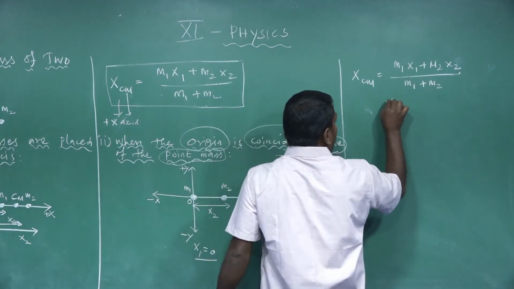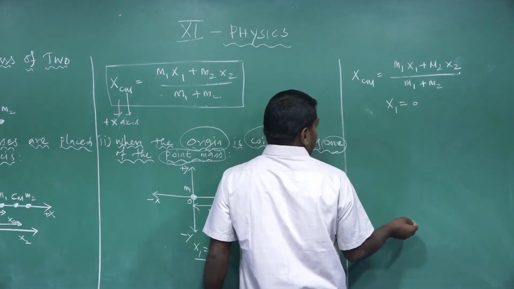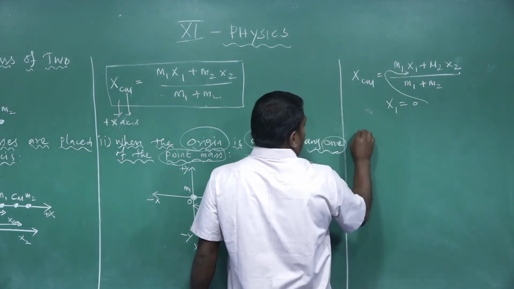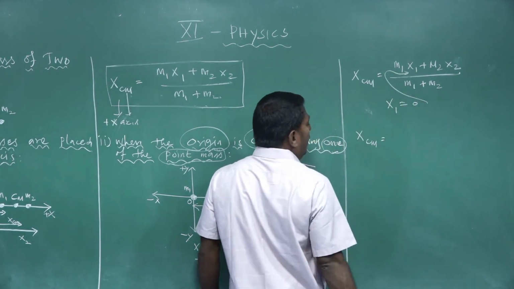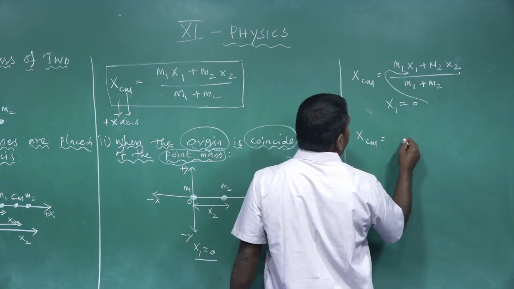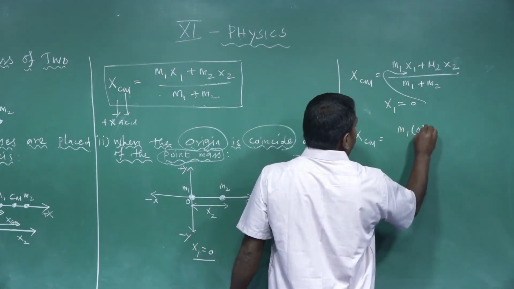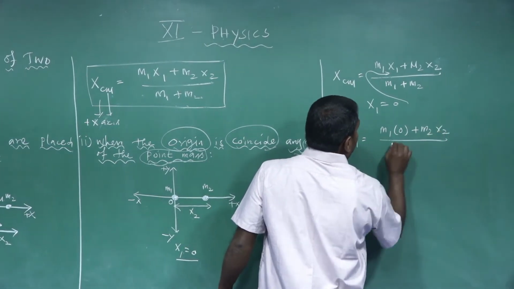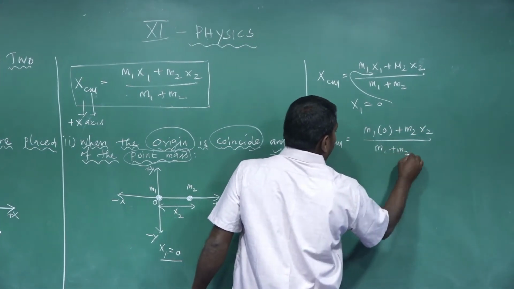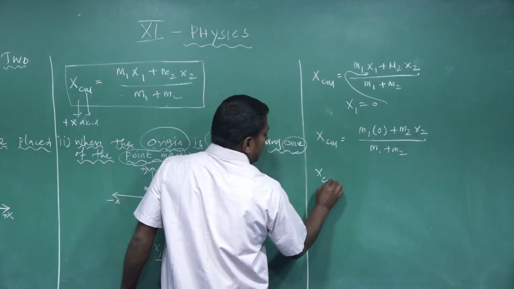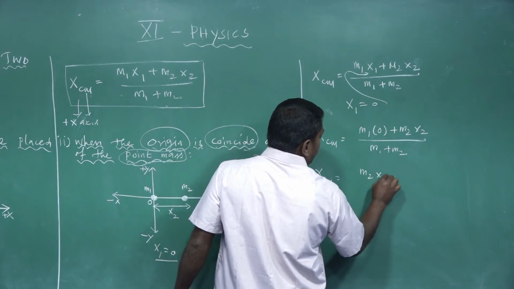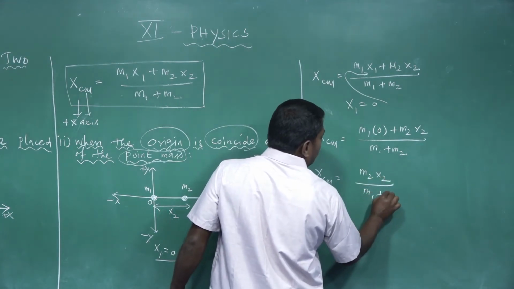Here x1 is equal to 0. Substitute within this equation: X_CM equals m1 times 0 plus m2x2 divided by m1 plus m2. Then X_CM equals m2x2 divided by m1 plus m2.